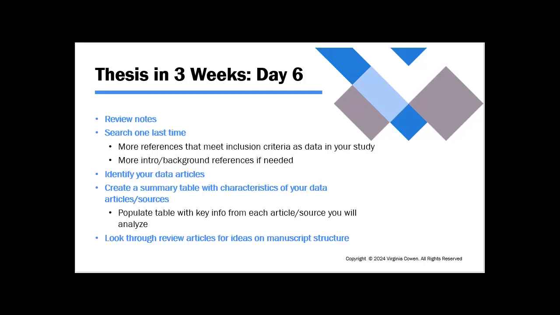You might have a column for intervention type, and that could include dose, frequency, duration, outcomes. You've seen these in other review articles, so you can go look at review articles, but you want to build that information into your table and make it very, very succinct. Not a lot of words here, but you're going to populate it with all the articles that you're going to analyze in your results section.